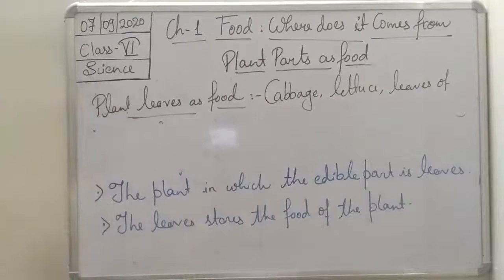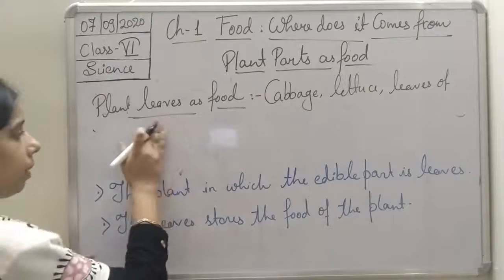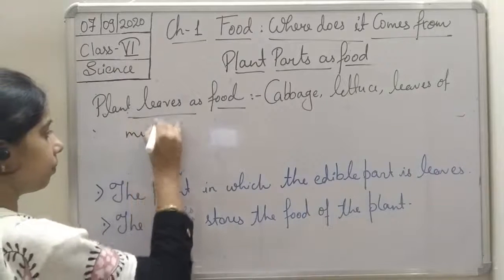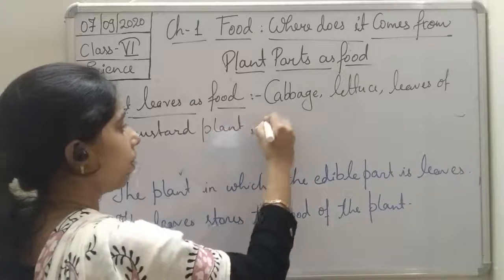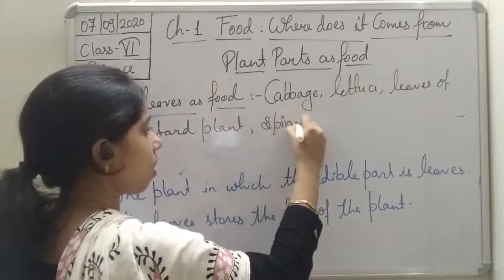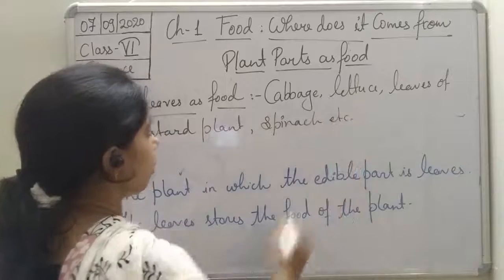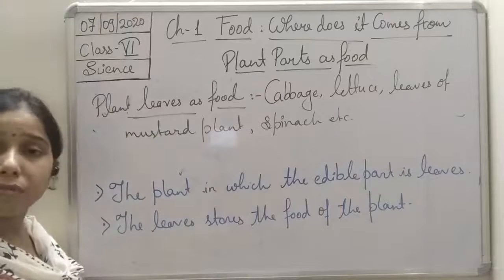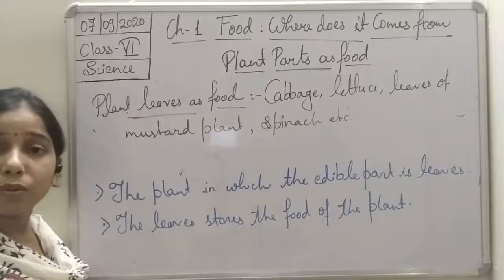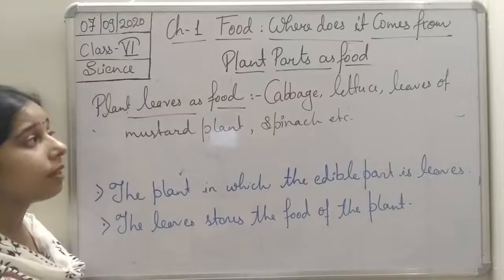Leaves of mustard plant, spinach is there. So you see here, students, cabbage is there, lettuce is there, leaves of mustard plant is there, and spinach is there. So all these things are what?